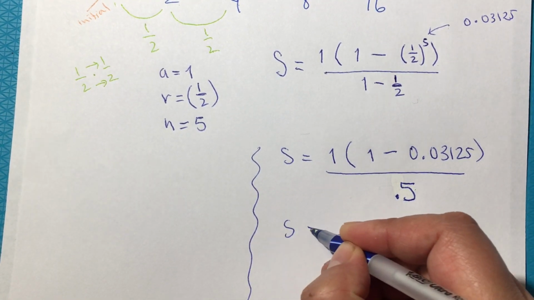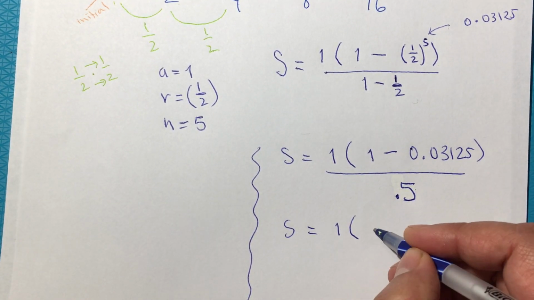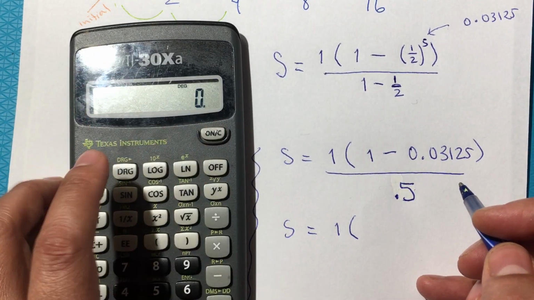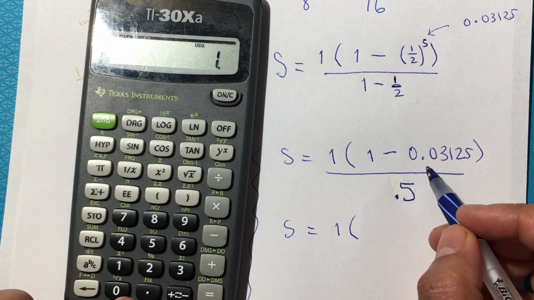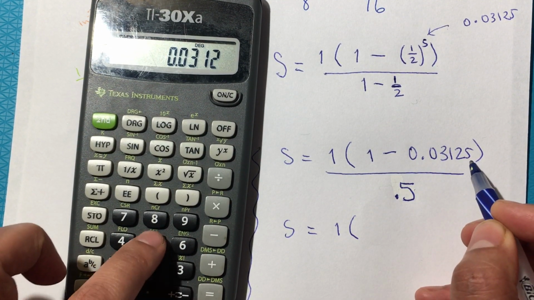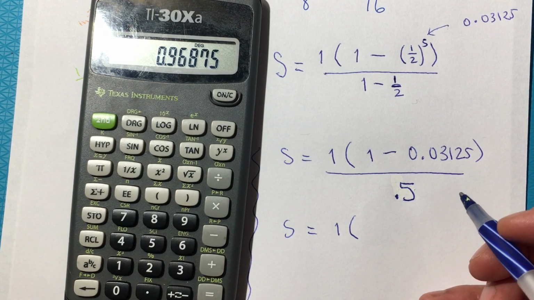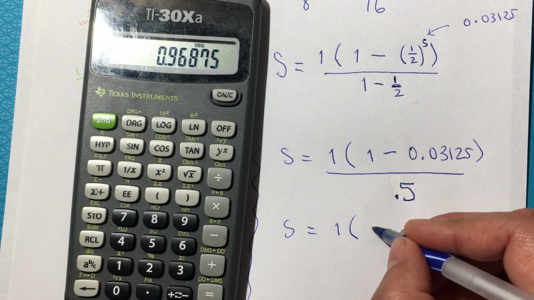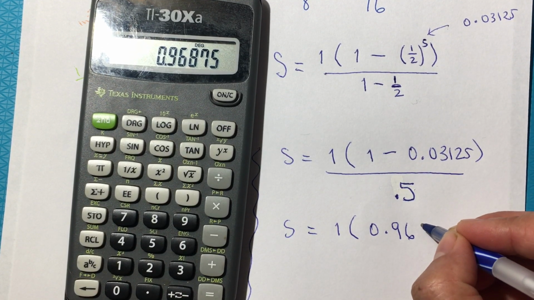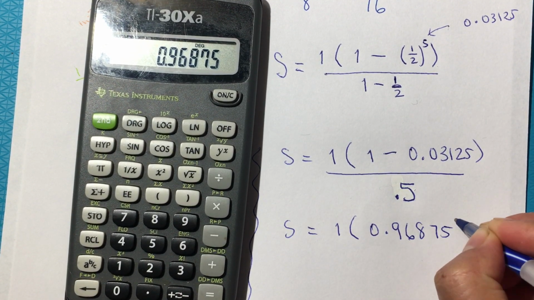Okay, so the sum is equal to 1 minus that, 1 minus 0.03125 equals 0.96875.